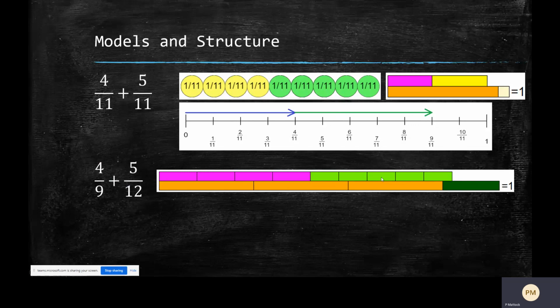And each of these green bars is a 1/12 because it would take 12 of them to get across to my whole. And so I can add 4/9 and 5/12. I can connect those things together and I can look at what I have all together. This is clearly, if the white rod was 1, this would be 36 long. This is 31 of those 36.